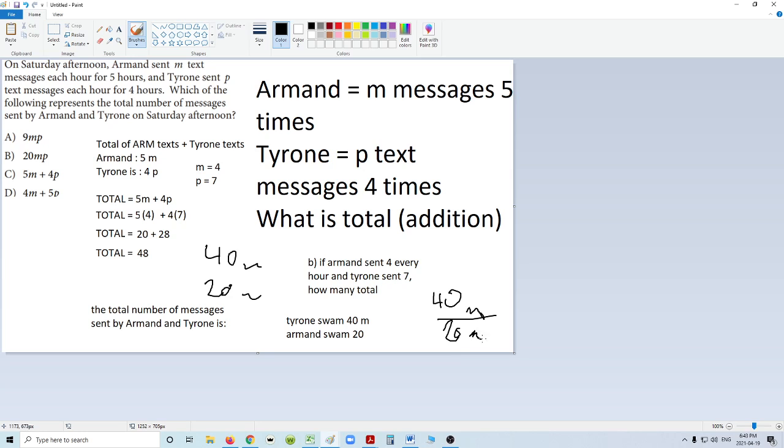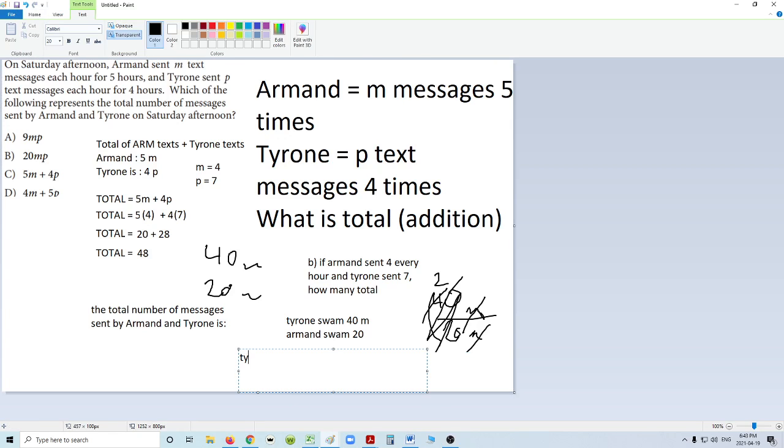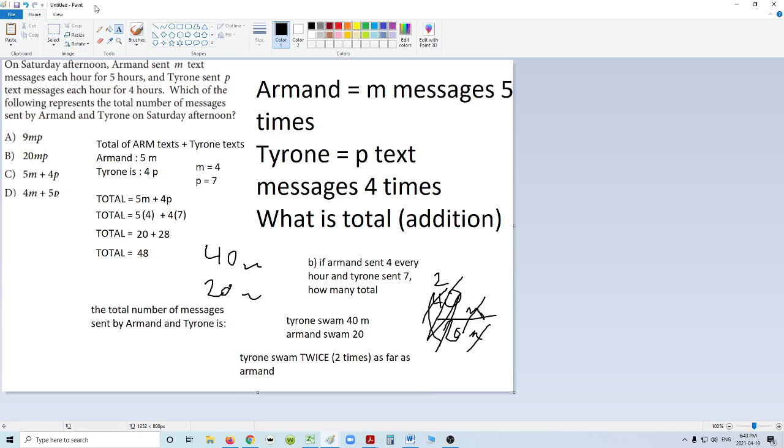Now notice the meters cancel out. 2 into 4, 2. 0 into 0, boom, it just becomes 2. So the answer is not 2 meters. The meters canceled out. The answer would be Tyrone swam twice, 2 times, as far as Armand. And that's a proper notation because I even showed that their meters, their units, got canceled out in the equation.